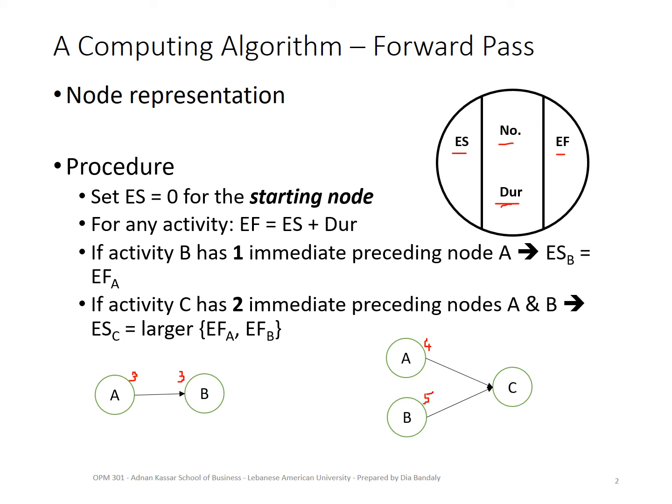Very logical. It can start only after week 5, right? Because yes, after week 4, A is completed, but still C has to wait for B, right? So that would be then the early start of C. And this is what we're saying here, that the early start of a node will be the largest of the early finish of all its preceding nodes.